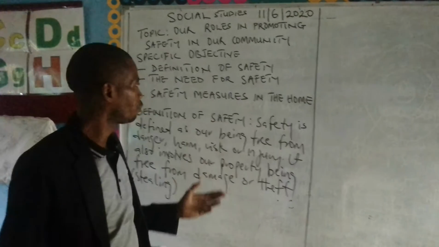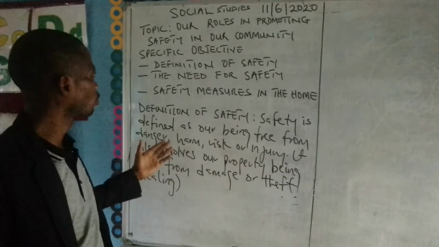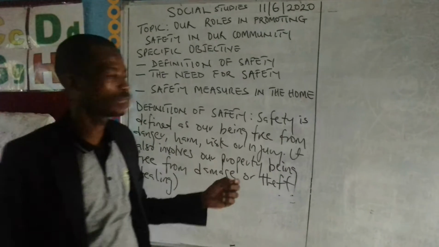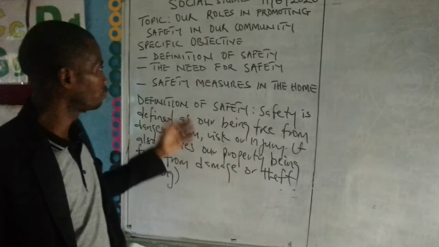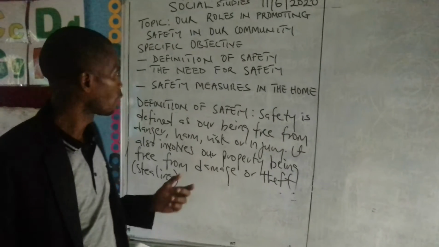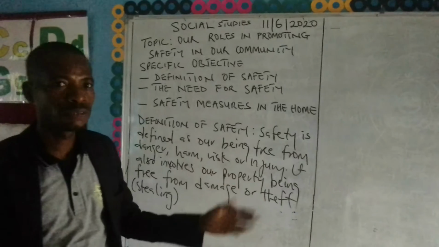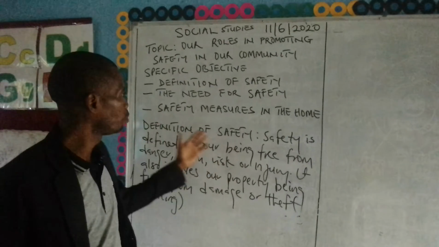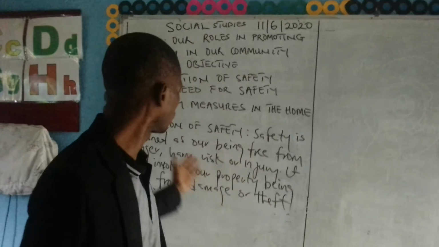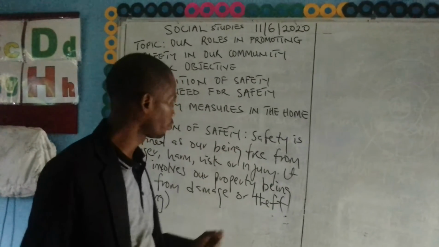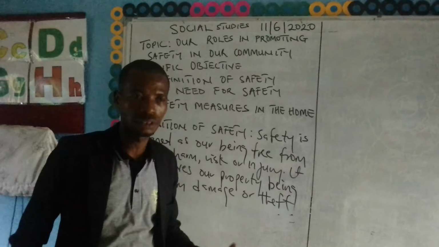In today's lesson, we are going to look into our roles in promoting safety in our community. We'll be discussing this in social studies. At the end of this class, we'll be able to define what safety is all about and explain the need for safety measures in the home. First, let's look at the definition of safety. What is safety?